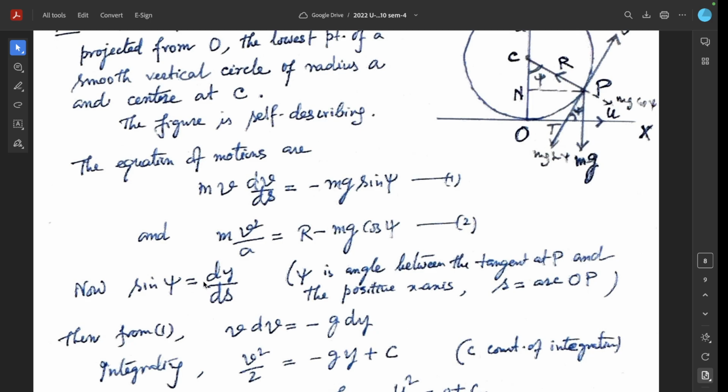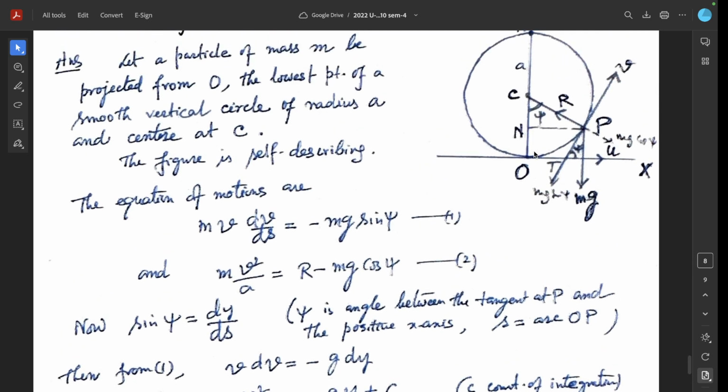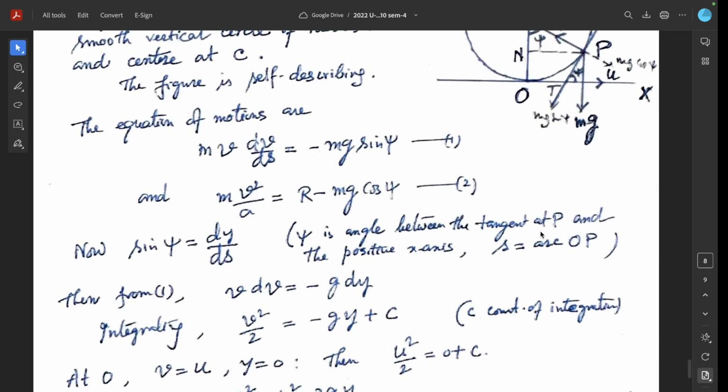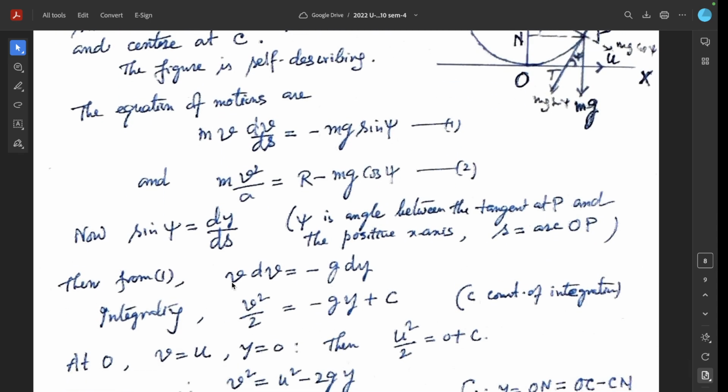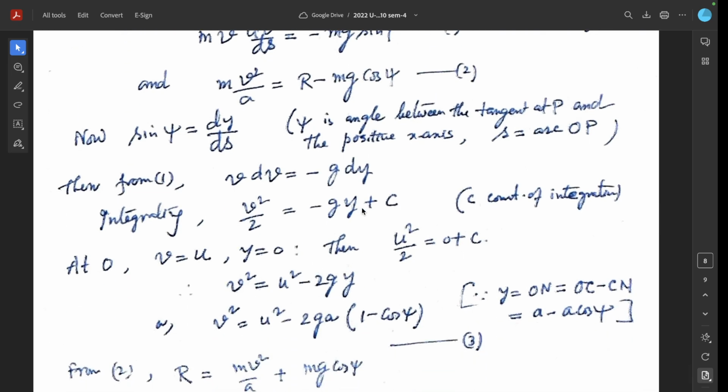Now sin psi equals dy/ds, where psi is this angle and s is the arc OP, with O the fixed point. From equation 1 we get v dv equals minus g dy, because sin psi equals dy/ds. Integrating, we get v square by 2 equals minus gy plus c, where c is the constant of integration.